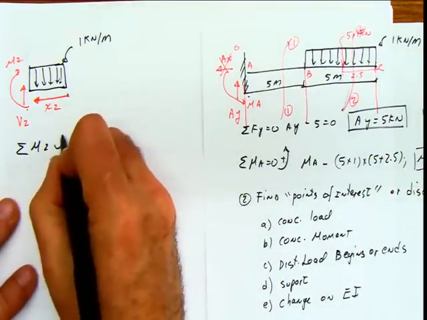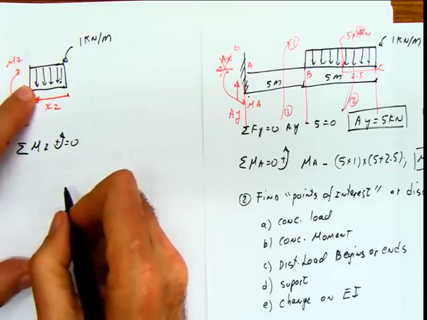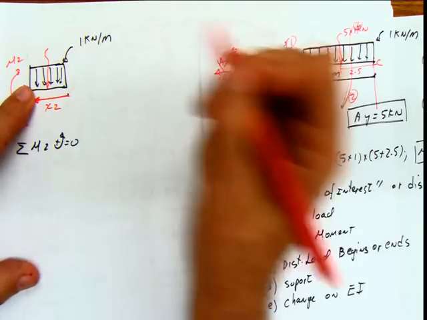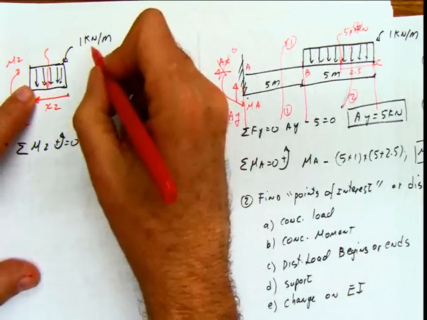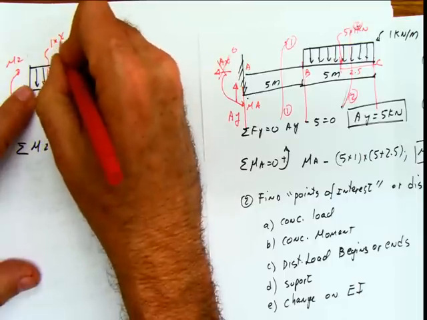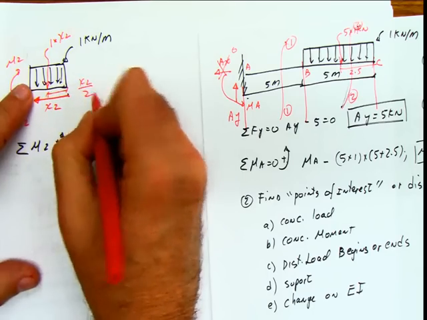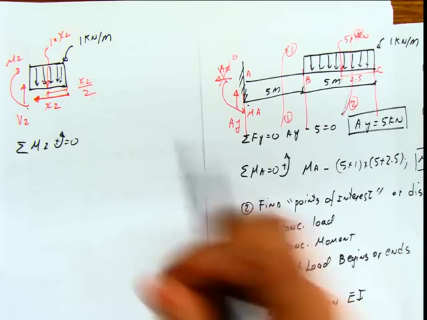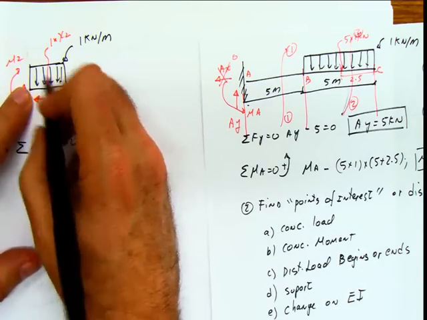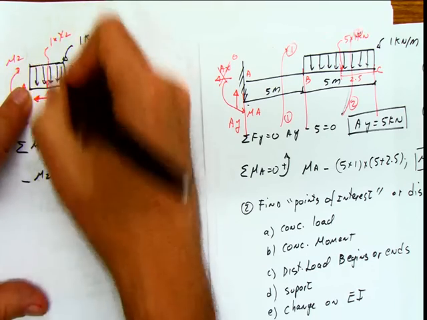Okay, if we do summation of moments at 2 equals 0 here, this distributed load I can convert into one equivalent concentrated load, and the value is going to be 1 times x2, and the location is going to be x2 divided by 2. So if I do summation of moments with respect to this point, I'm going to have negative m2 minus this force also.